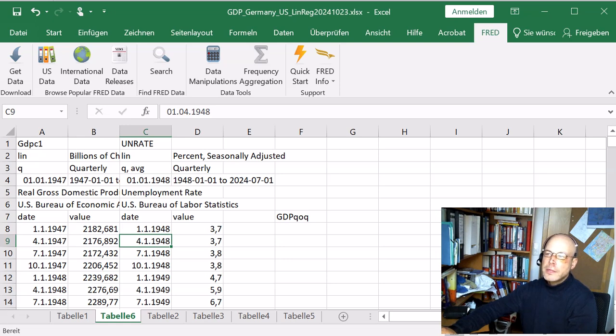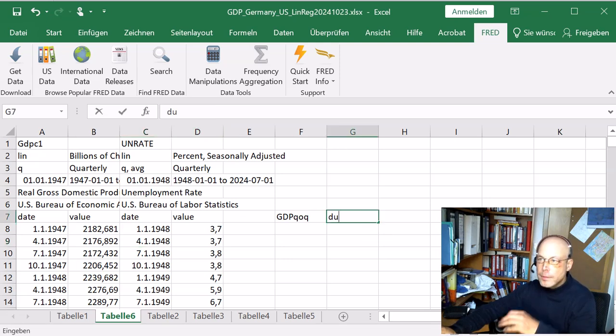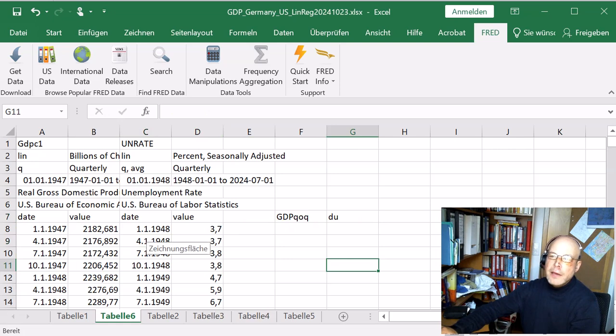Well, what we also need is the change of our unemployment rate. This I take, the DU. And then you have to be careful.